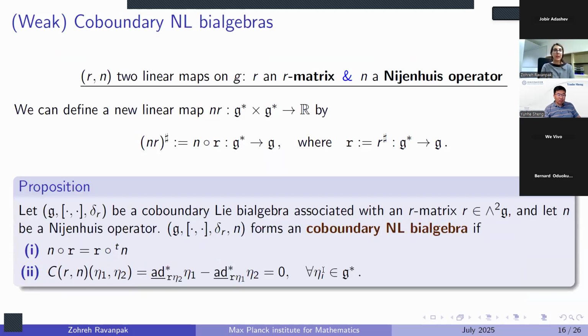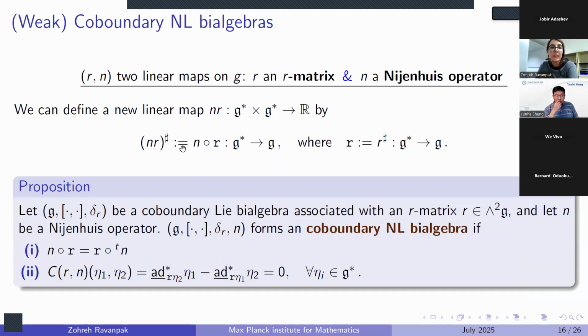For the covariant case, the situation is much easier. When we have an R matrix and a Nijenhuis operator, we have a new bivector defined by N after R sharp.